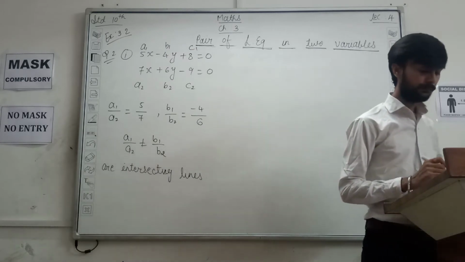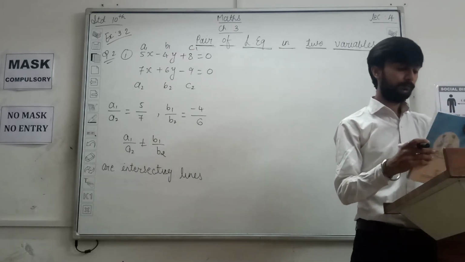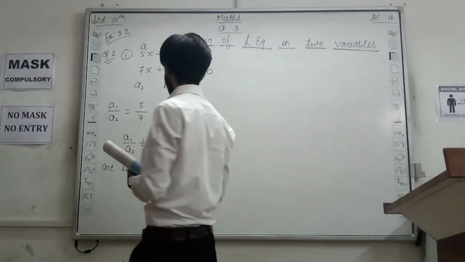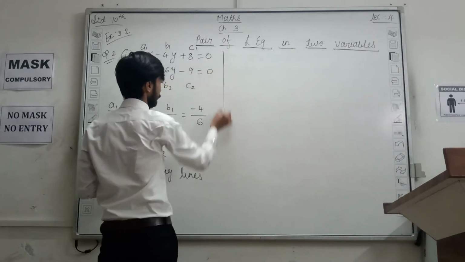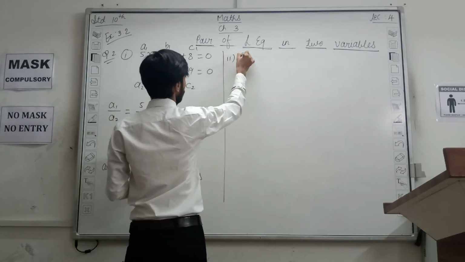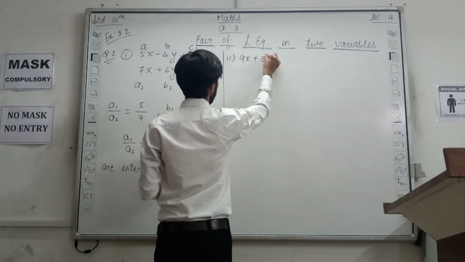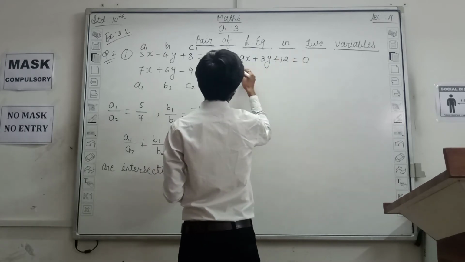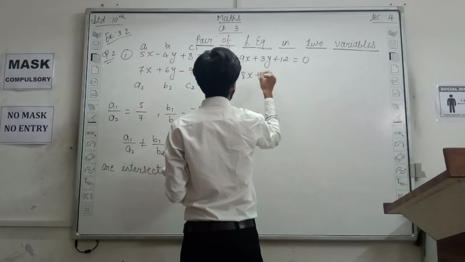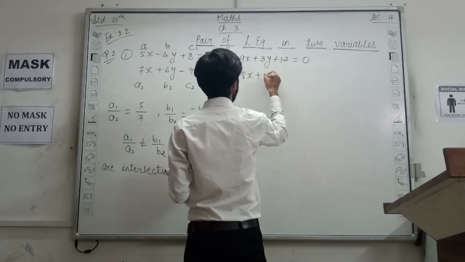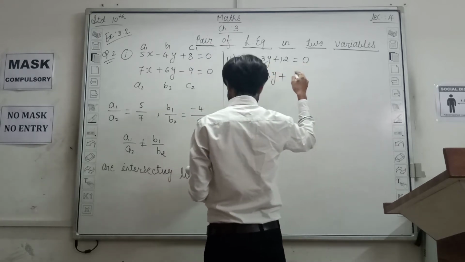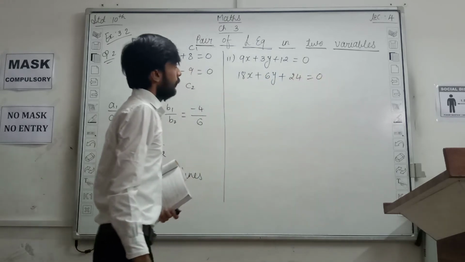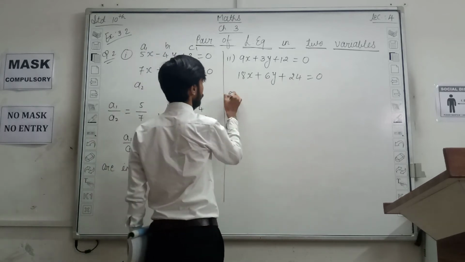Now second: 9x plus 3y plus 12 equals 0, and second 18x plus 6y plus 24 equals 0. Now A1 upon A2.